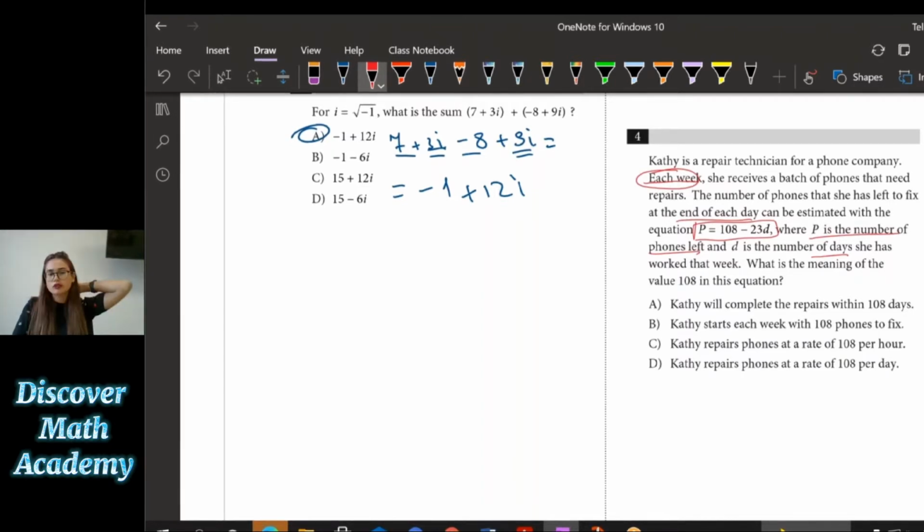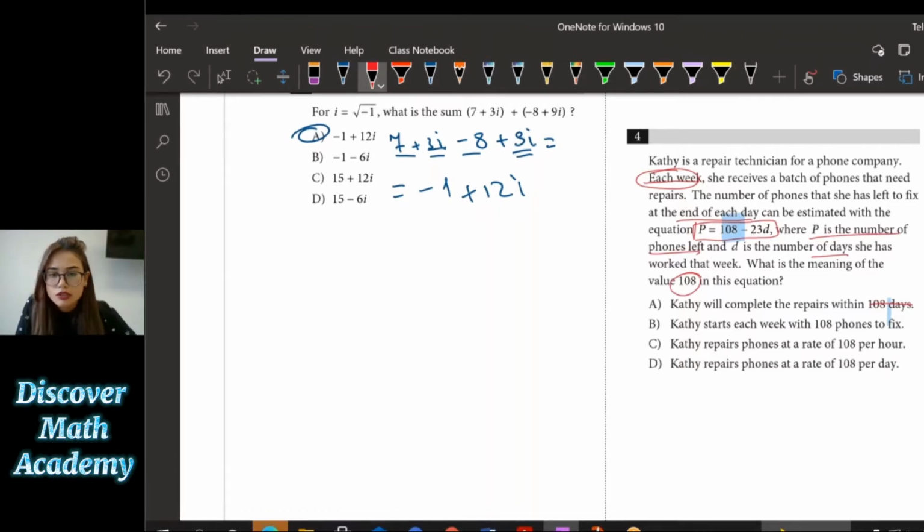What is the meaning of the value 108? Okay, 108 is the initial value. Katie will complete the repairs within 108 days? No. Why? Because we are talking about each week and it's just 7 days, and D is the number of days.